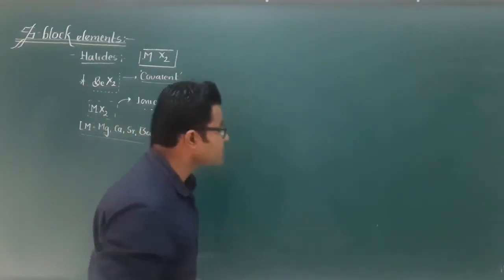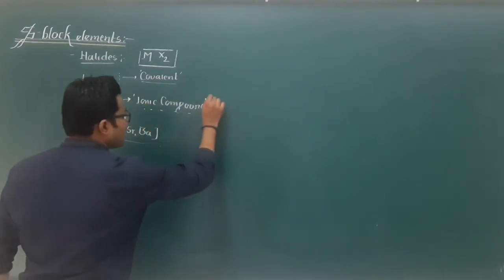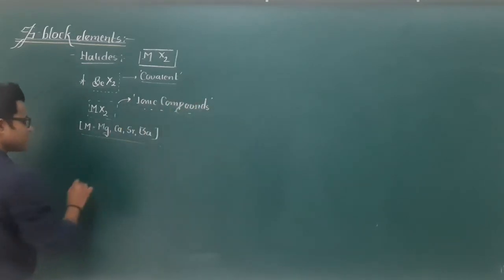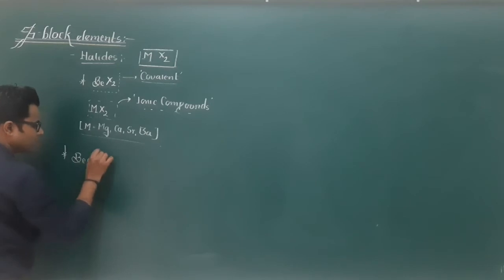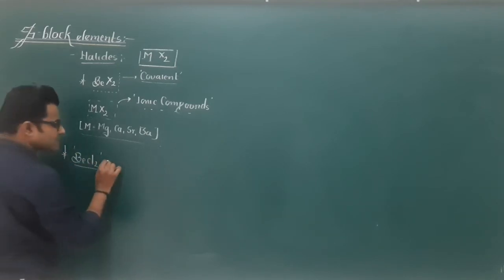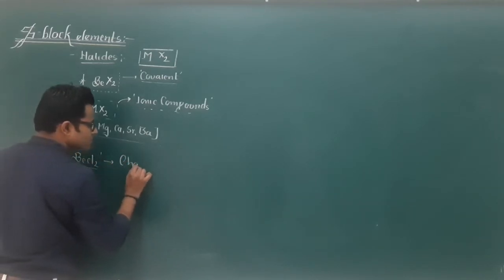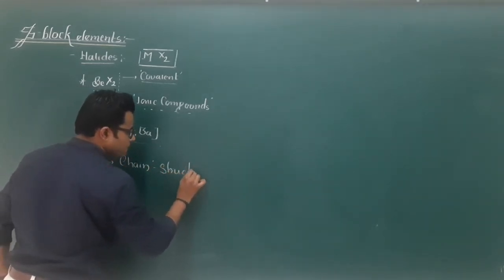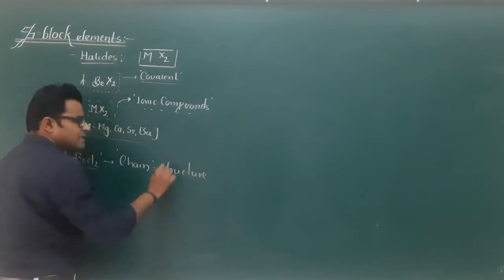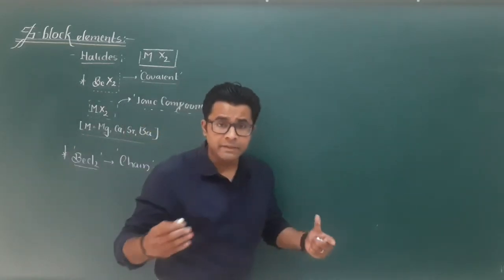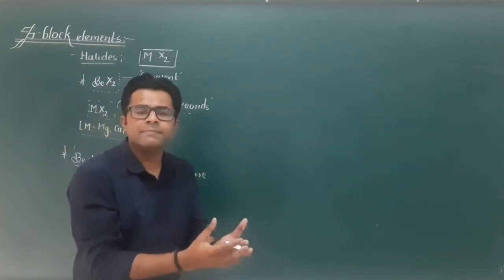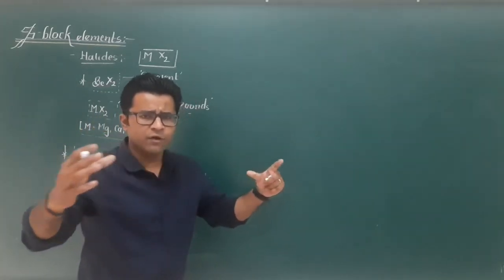The other elements form halides which are ionic in nature. Now, when we observe one of the examples such as BeCl2, this compound exists in the form of a chain type of structure. It is in the form of a chain because of stability. If it wants to be stable, it forms a chain kind of structure.